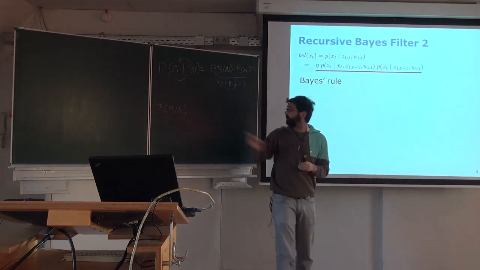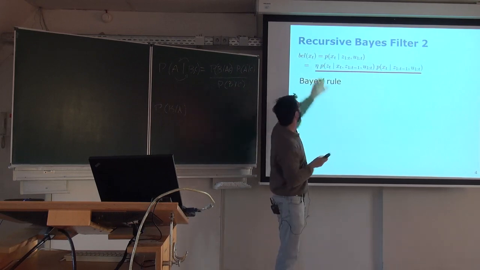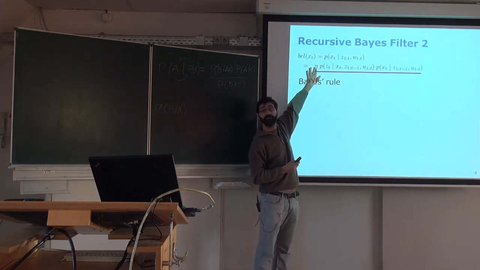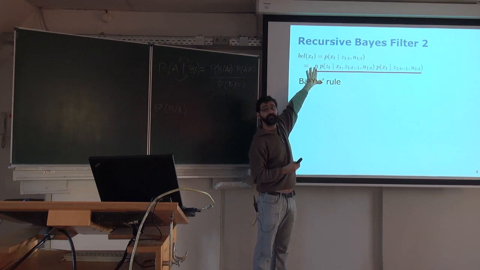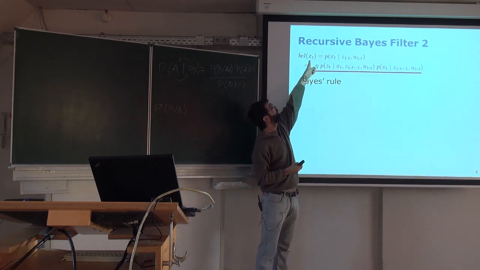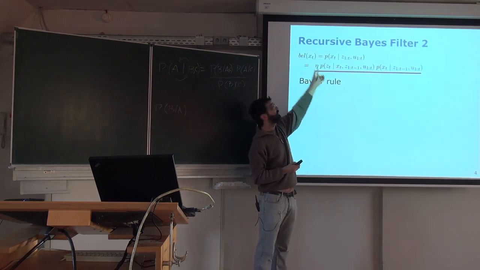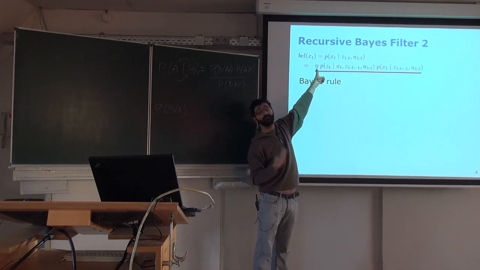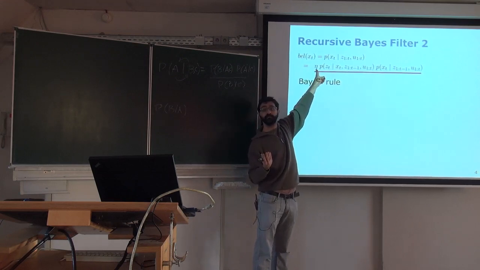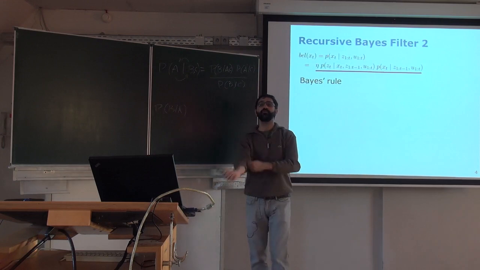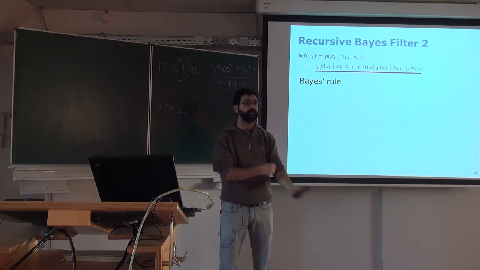And the thing which is down here, we just put it in the normalizer constant in this case. That's because the distribution we care about is about xt, and with respect to xt, this is just a constant. So we don't really need to express it directly. Is it clear?